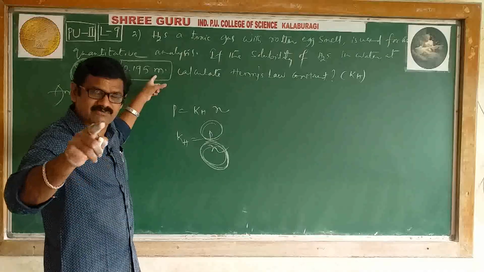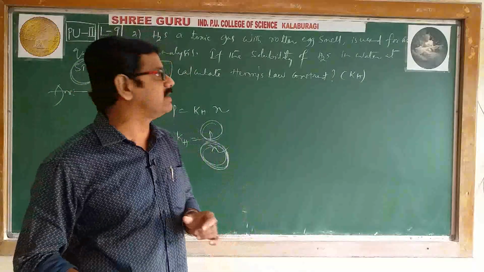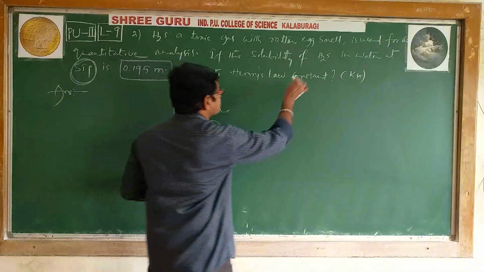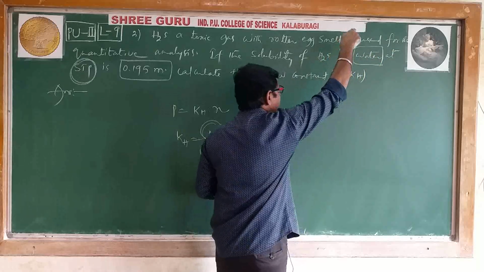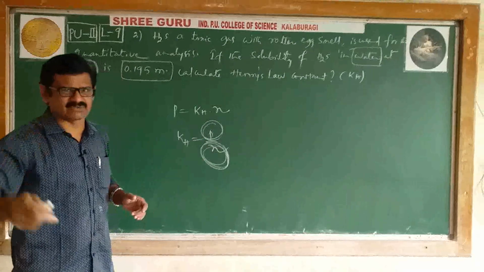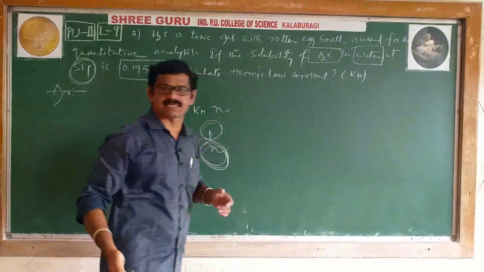0.195 moles of solute present in 1 kg of solvent. Here what is the solvent? The solvent is water, because H2S is in water. H2S is of course the solute, and water is the solvent.